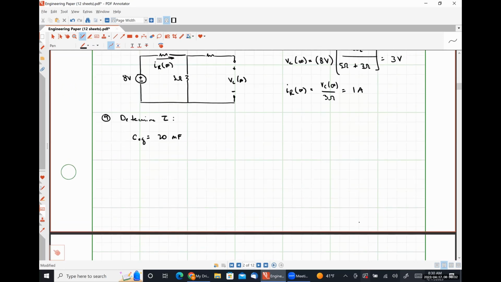To determine REQ, we need to look at the dead network during the transient condition. So that's why I'm turning my 8-volt source off by replacing it with a short circuit. Here's my 5 ohm resistor. During the transient condition, my switch is closed, so my 3 ohm resistor is connected.